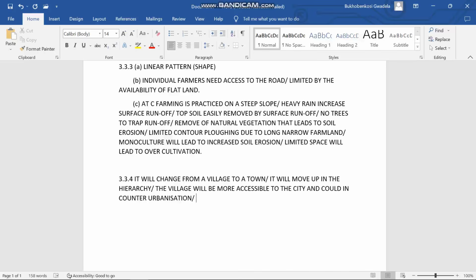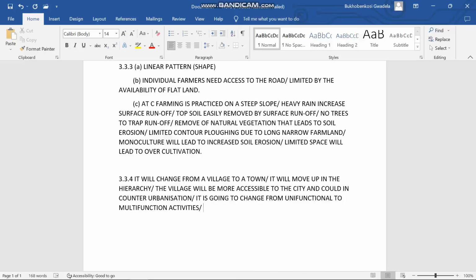So it is going to change from unifunctional to multifunctional activity, because there will be some secondary and tertiary activities that are going to invade that particular rural segment.